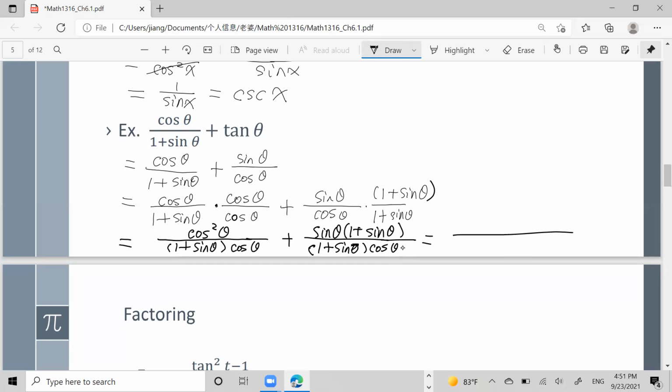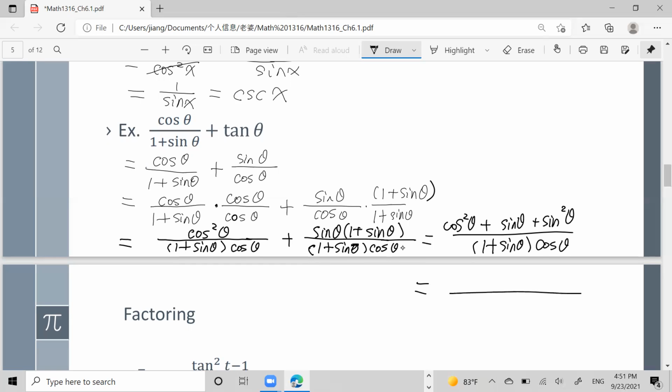So the denominator is 1 plus sine theta times cosine theta. And in the numerator, cosine theta squared plus, I want to distribute it, that's sine theta plus sine theta squared. Do you still remember the Pythagorean theorem? Cosine theta squared plus sine theta squared equals 1.